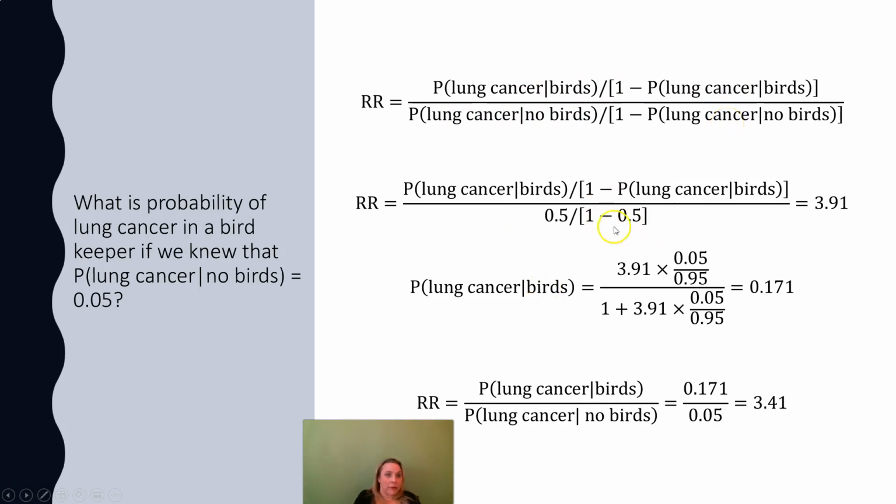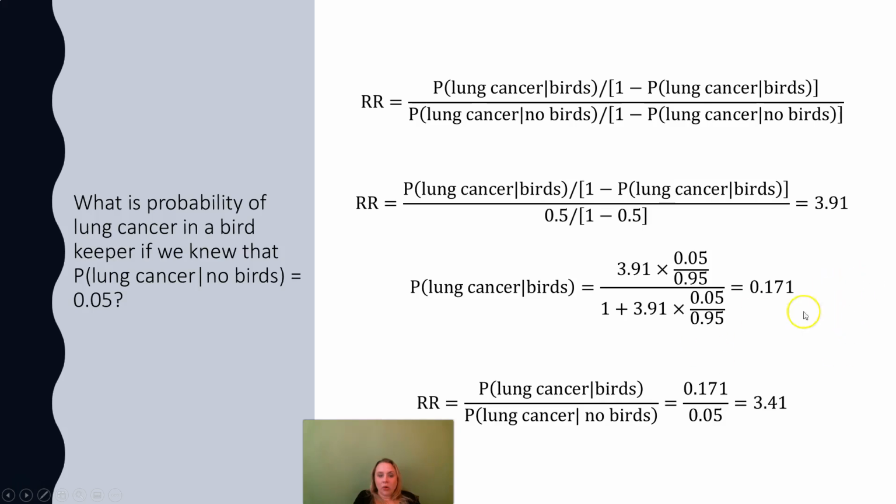That allows us to look at the probability that we have lung cancer given that we have birds divided by 1 minus that probability. Well, we already know this ratio, that's 3.91.